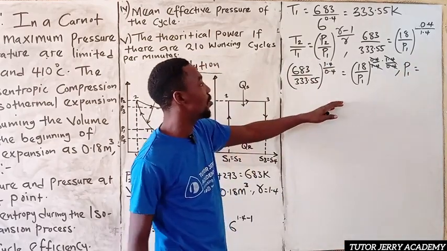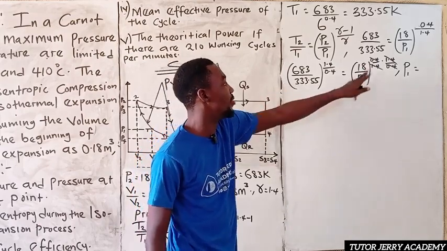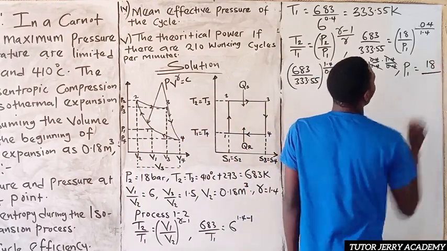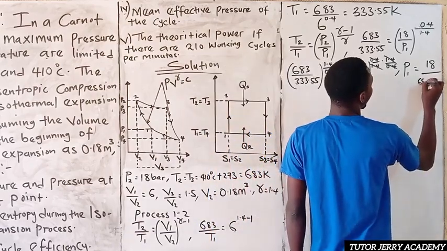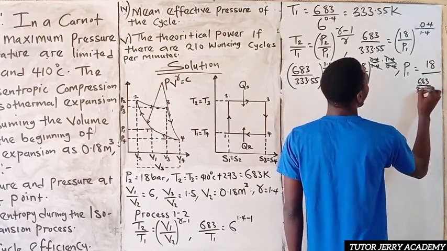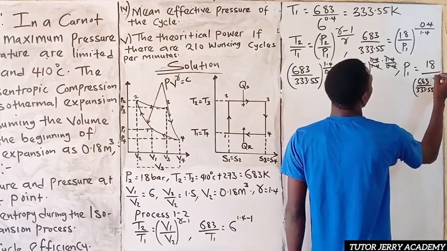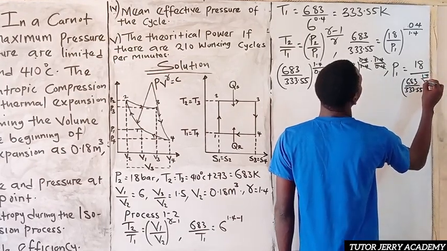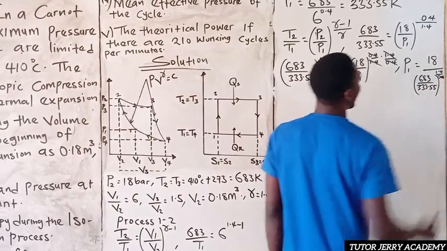P1 will be equal to, if you cross multiply, P1 multiplied by this, this will come back here. So P1 will be equal to 18 divided by 683 all over 333.55 all to the power of 1.4 all over 0.4, correct.